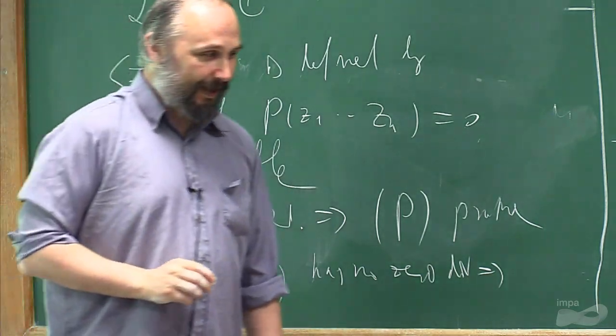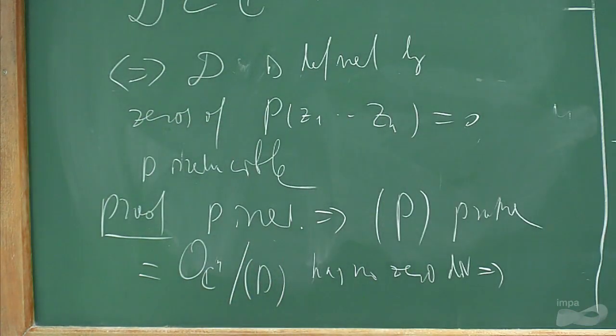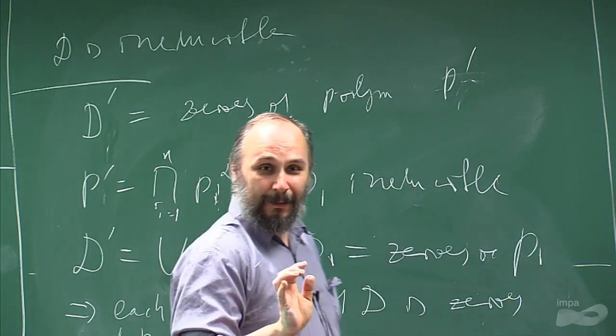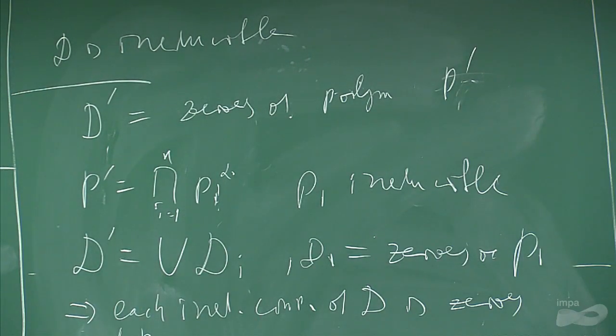Okay. So we obtain the following: in Cn, divisors are precisely zeros of polynomials. Irreducible divisors are zeros of irreducible polynomials. Am I clear? These are questions. It would be nice if you do.